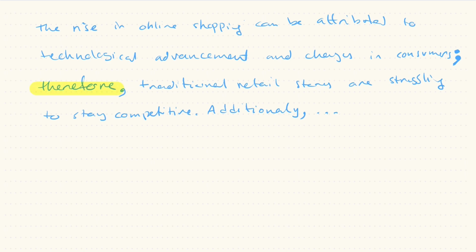So let me highlight this form. You finish one sentence, that is your cause, you use a semicolon, and then you use your causal or effect transition words, then a comma, and then you talk about the effects of it. And that's all. I think this kind of form is very important in IELTS academic writing, because a lot of times you need to argue about the cause and effect of something.